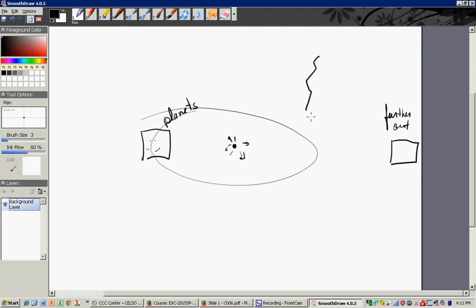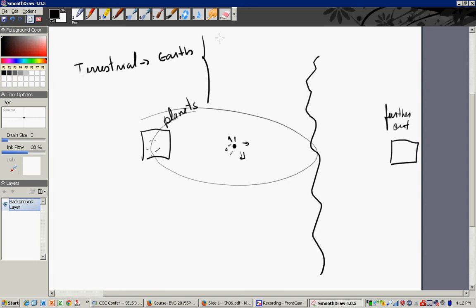So we find in the solar system a segregation of objects. Objects close to the star in our solar system are called terrestrials, because they resemble our planet Earth. Earth means terra, terrestrial.